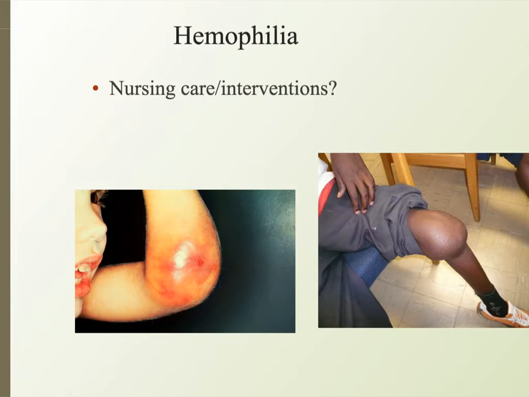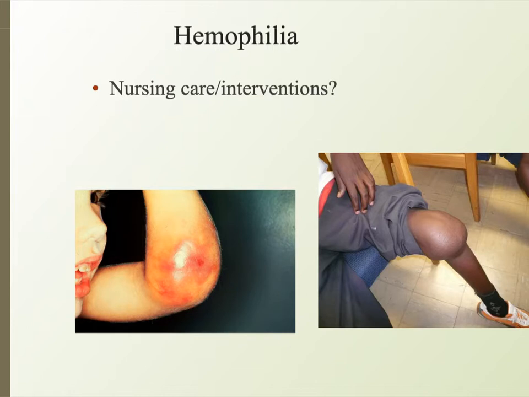So we have a patient that is having a bleeding episode. What do I do? Well, hopefully, first off, we can prevent bleeding by educating the parents on how to make a safe environment for infants and toddlers. School age, what should they be doing at school? Protective gear. They really technically shouldn't be doing contact sports.